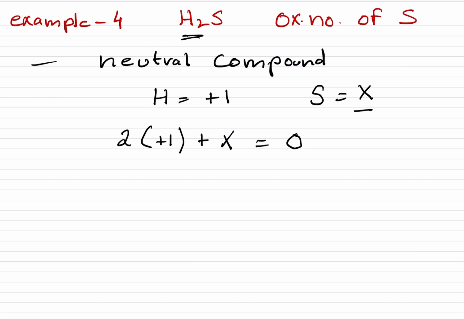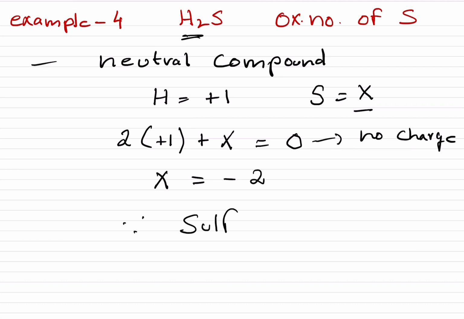Why 0? Because it has no charge. So x equals -2. Therefore, sulfur has an oxidation number of -2. This is an easier and much faster method. I hope you have understood it.